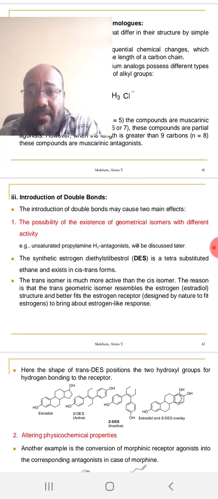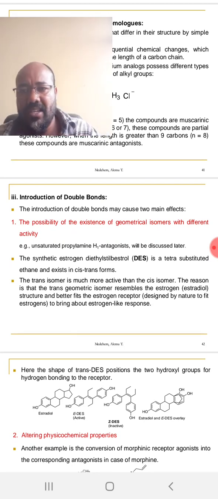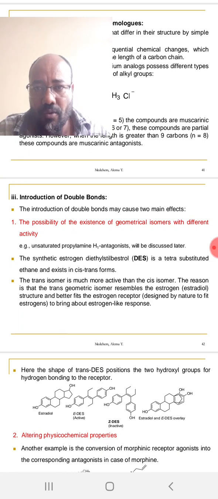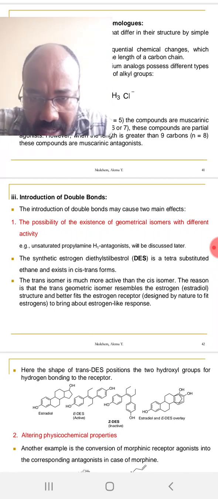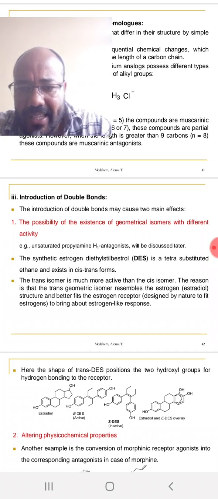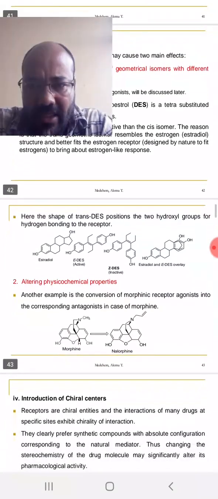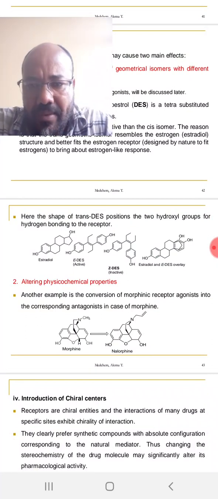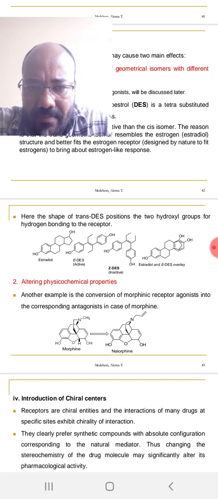One may be active because of its configuration or conformation, the other may not be active. Therefore, we can take the active one. By introducing the double bond, we can discover a new compound. The other very important thing is this example of introduction of a double bond: diethylstilbestrol.